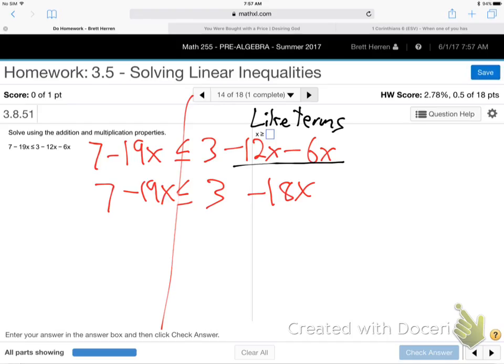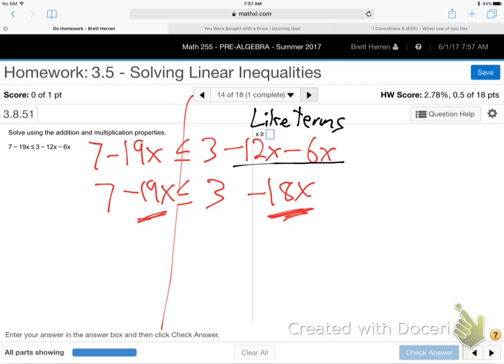Okay, next. What do we do next? Really, we should not be thinking about the 3 or the 7 because my focus is the x's, right? These guys here are the x terms. They're my focus. So deal with them first.